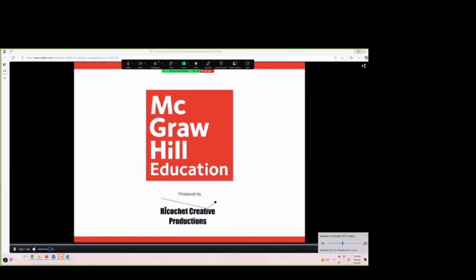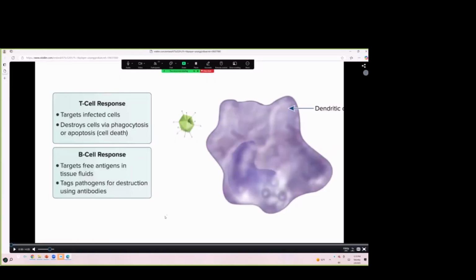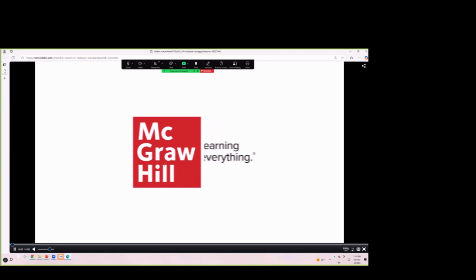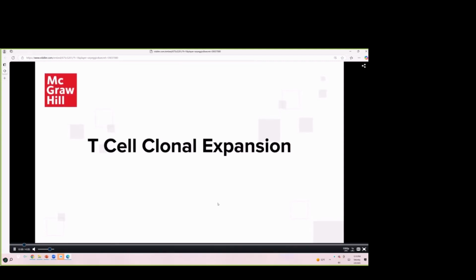Now let's look at the one that was presenting, the helper cells that do the presentation. T-cell clonal expansion.